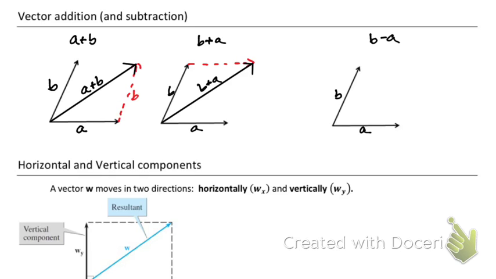So we're going to run up B, and then we're going to attach A to it going the opposite direction. So that right there is negative A. Now we're going to go from where those two vectors intersected at their bases, draw a line, and this is now B minus A.